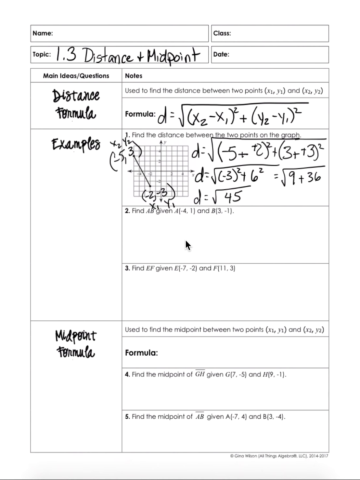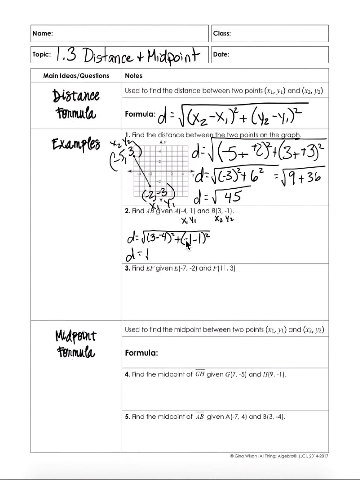Okay, same thing with number 2. The first thing I'm going to do is label x sub 1, y sub 1, and x sub 2, y sub 2. Then I'm going to use the distance formula, and I'm just going to plug in each of those places. My distance formula says x sub 2 minus x sub 1, so negative 3 minus negative 4, because that's what I labeled x sub 2 minus x sub 1, and then squared, and then plus y sub 2 minus y sub 1, which is negative 1 minus 1 squared.